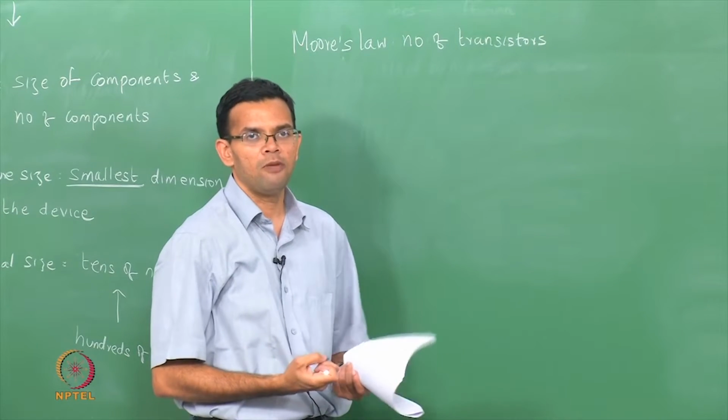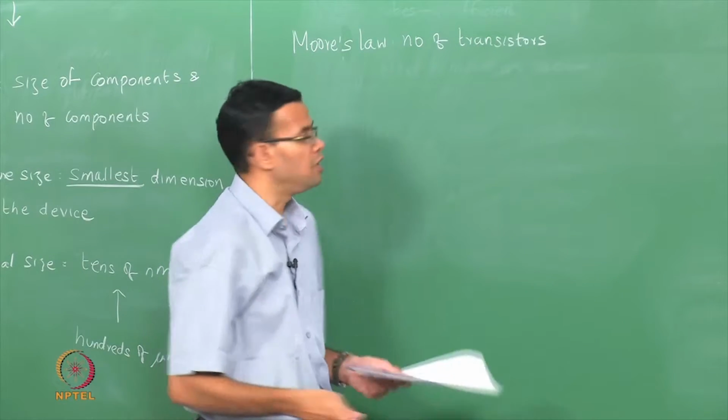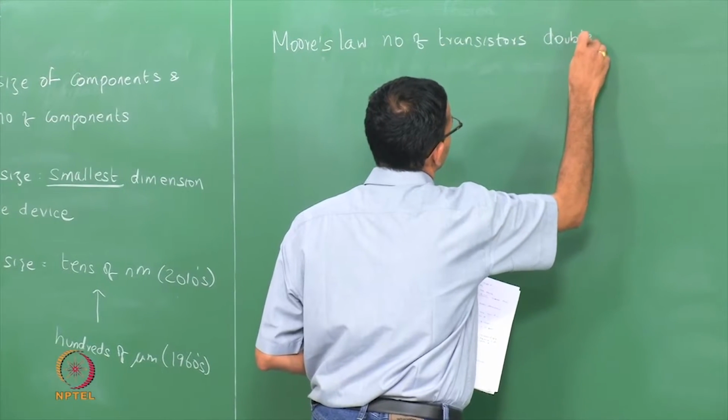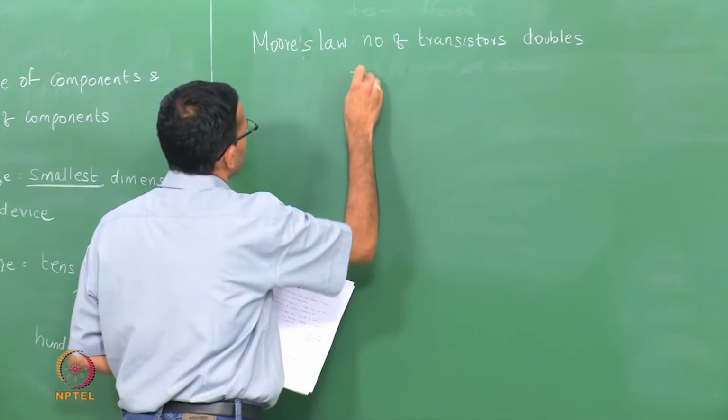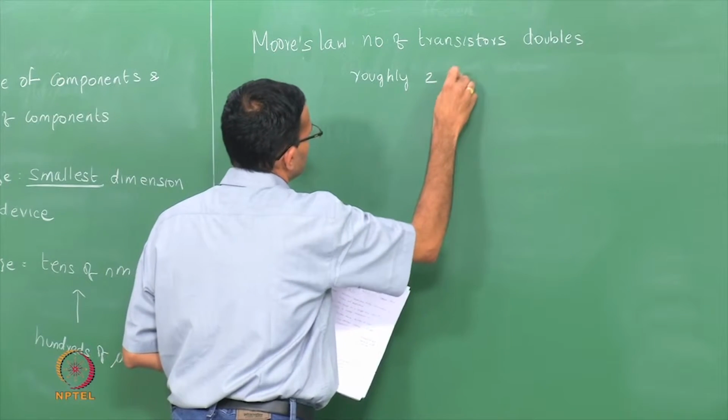The original law had 18 months, but the doubling time is roughly 2 years.